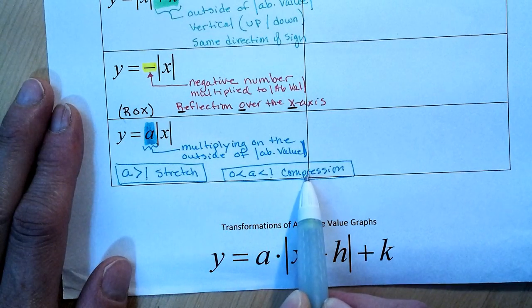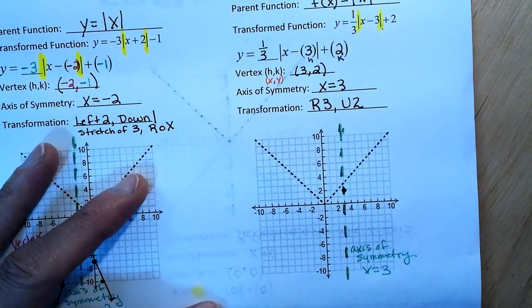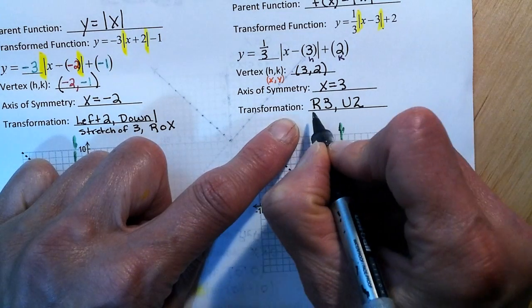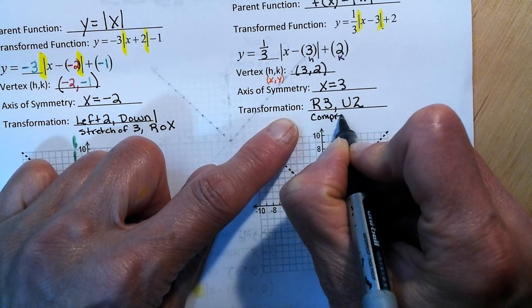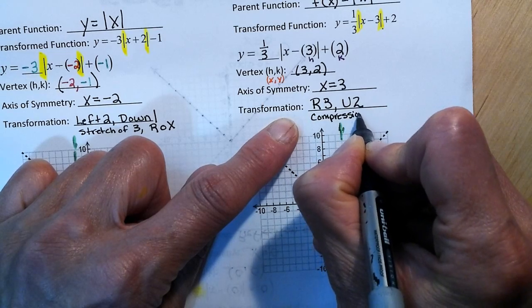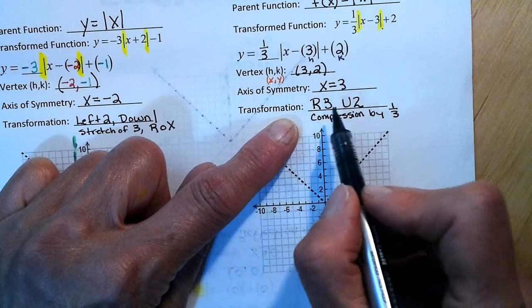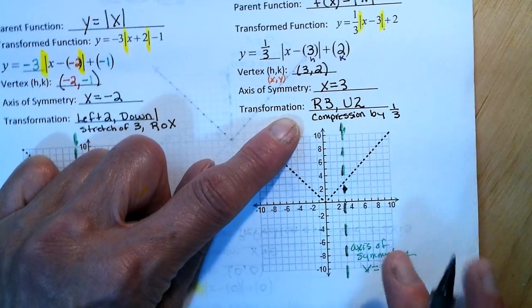Yes. So it should be a compression by 1/3. And in fact, I am so confident in that I'm going to write that down as a transformation. It did a compression by 1/3. So it goes right 3, up 2, and a compression by 1/3.